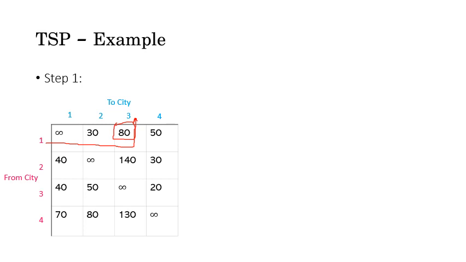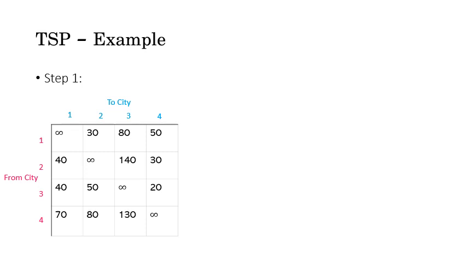So if the salesperson travels to city 3 from city 1, then x13 becomes 1, and then this 80 comes into the equation of the objective function. Otherwise it doesn't appear, because xij becomes 0 if the salesperson does not travel to city 3 from city 1, then 0 will be assigned because x13 will be 0. So this is the meaning of the coefficients in the cells of the table.